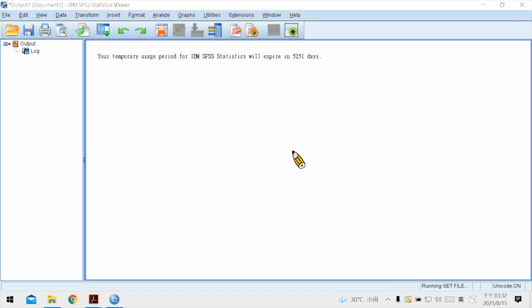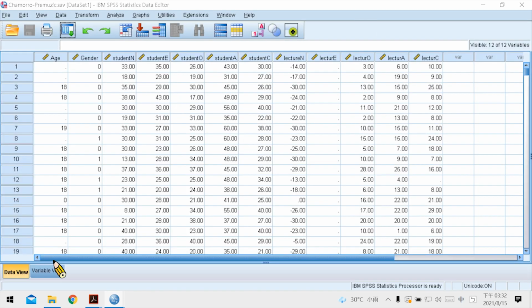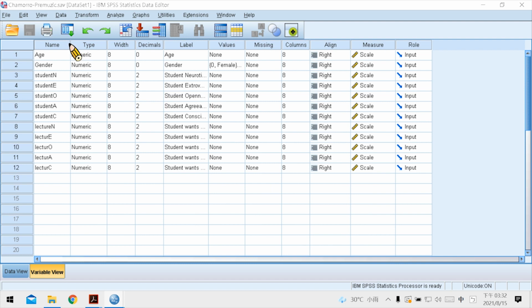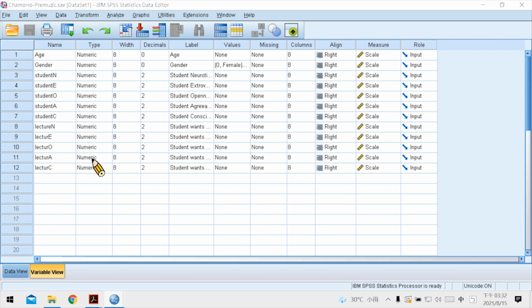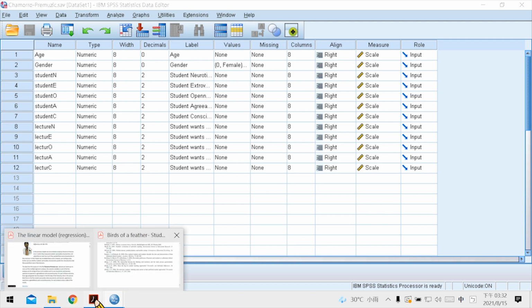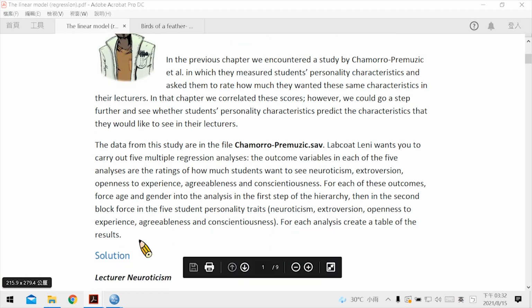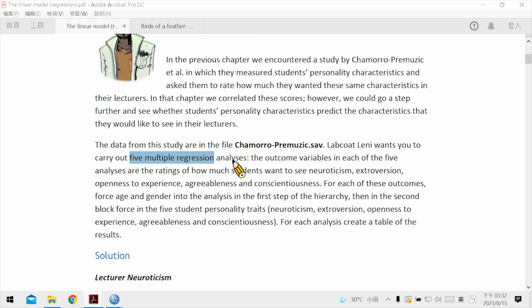Okay, so you can see there are several variables. Let's read the question. A lab coordinator wants to carry out 5 multiple regression analyses.